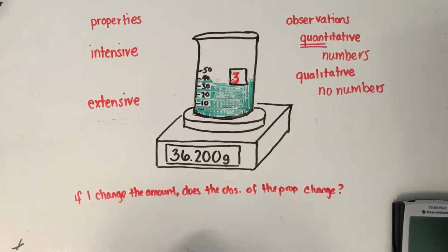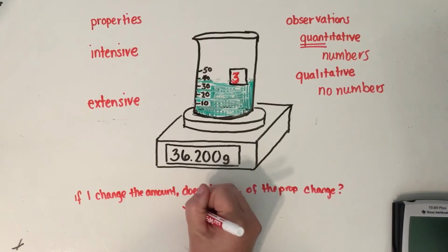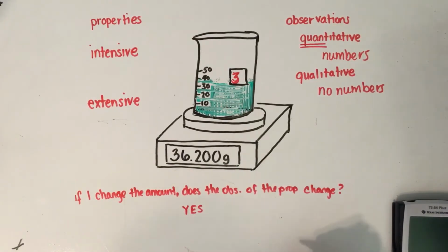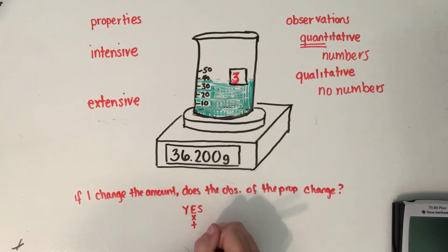You can ask yourself a question like this. If I change the amount, does the observation of the property change? If the answer is yes, that means that it does depend on amount. And if the property depends on amount, that makes it an extensive property.